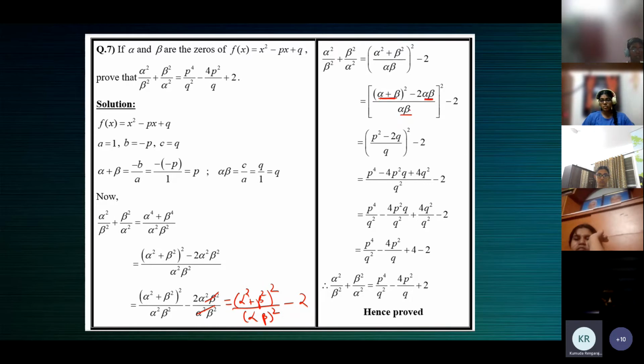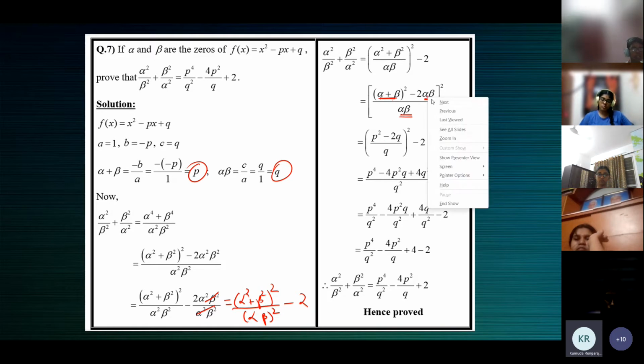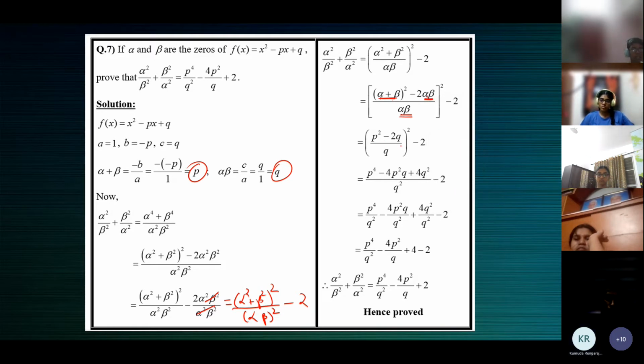What is alpha plus beta? P. And what is alpha beta? Q. So we substitute P instead of alpha plus beta. So P squared minus 2 alpha beta, which is 2Q, by Q the whole square, minus 2.